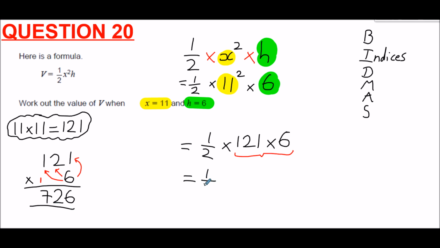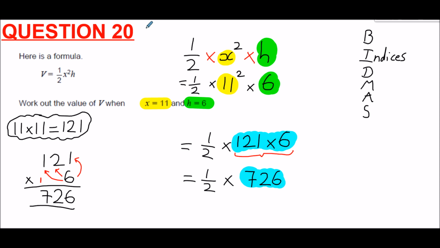And so, just filling in this bit, 121 multiplied by 6, we've worked this out and that's 726. So little by little we're just making progress to simplify it down until you can get an actual numerical answer. So 121 times 6 becomes 726.